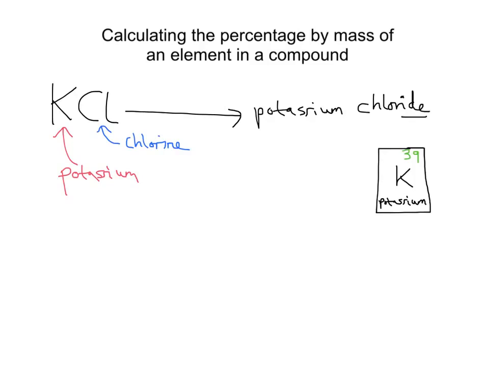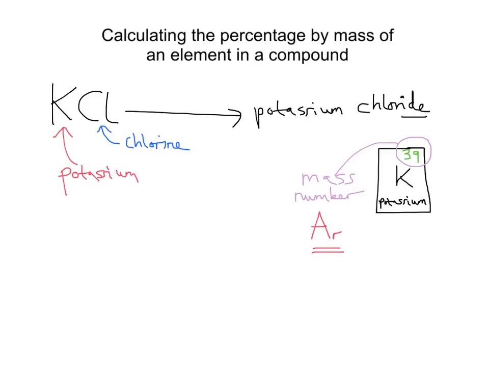Now that 39 there, that's the mass number. We give that number the symbol A with a little r, which means relative atomic mass. We use the term relative because certain atoms have isotopes, and isotopes are atoms that have a different number of neutrons.